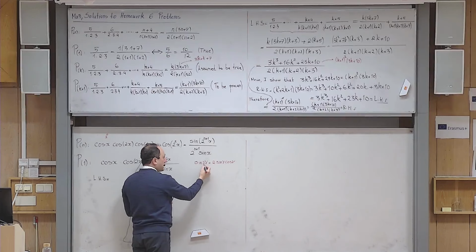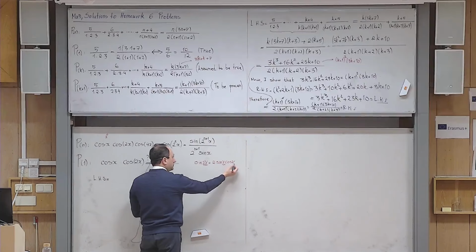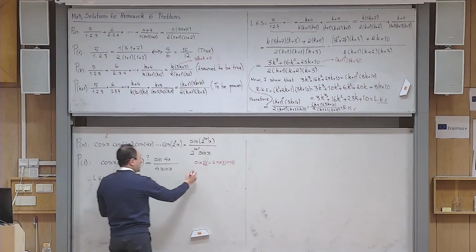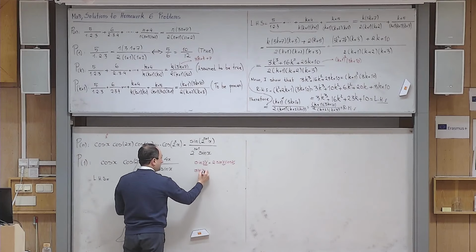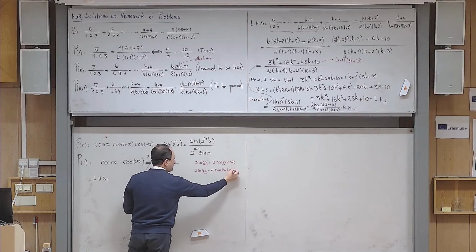It means whatever angle you have here, you have half of it here and half of it there. Okay? So for example, for sine 4x, I can simply write 2 sine, this is an angle, divided by 2, it becomes 2x, cosine 2x.